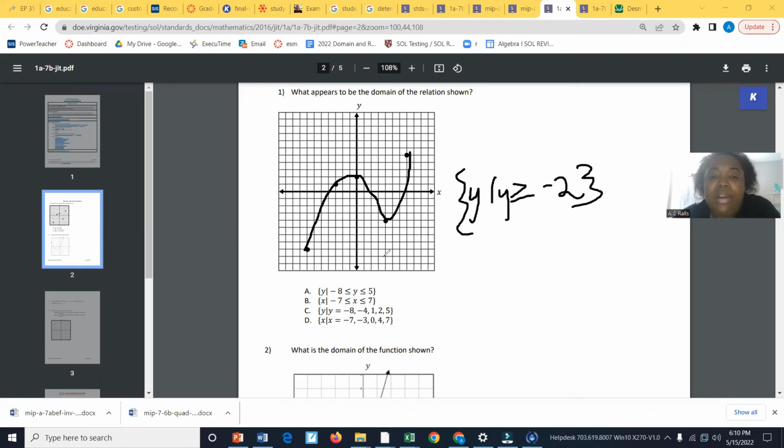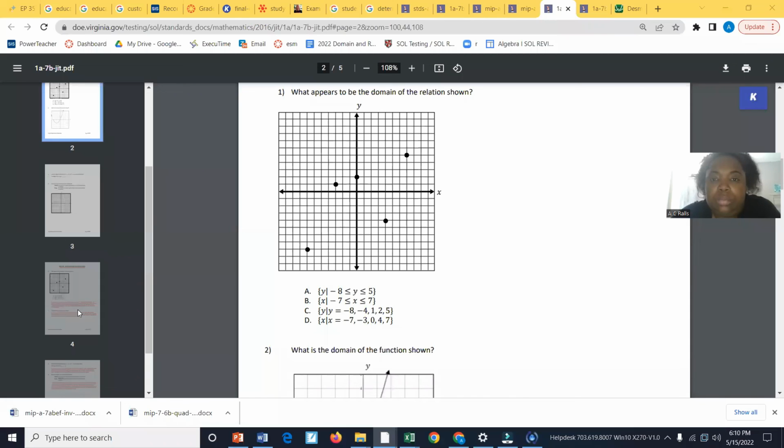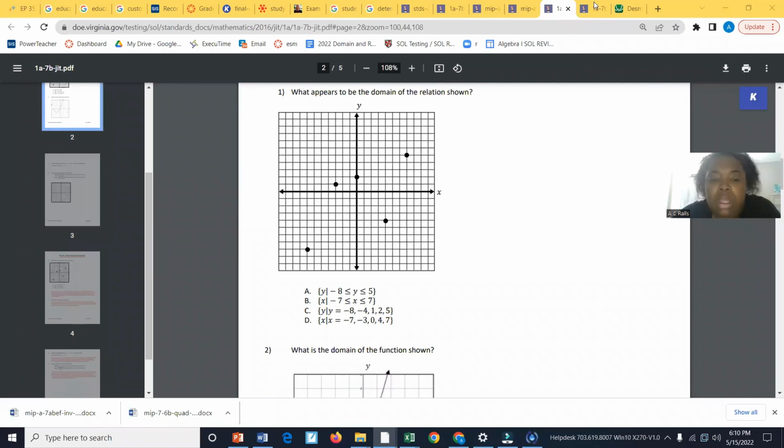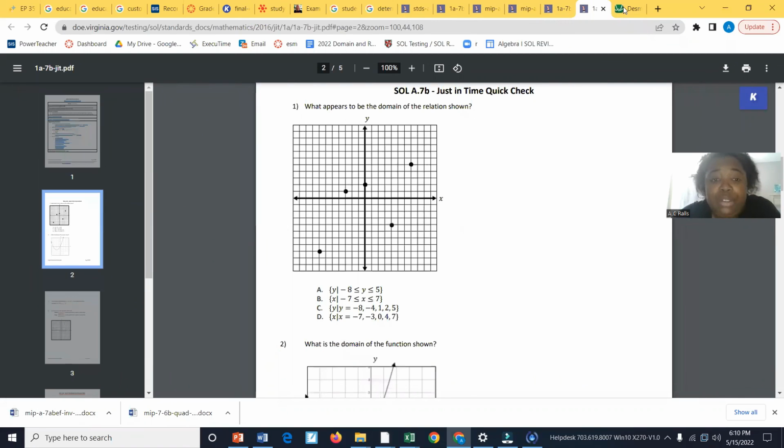Because this is a discrete function where there are separate little dots, your domain has to be D. I hope that makes sense to you. Domain and range can be very tricky, so I hope you take a look at the practice. If you have any questions, please feel free to get back to me.